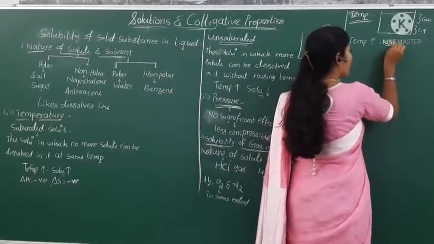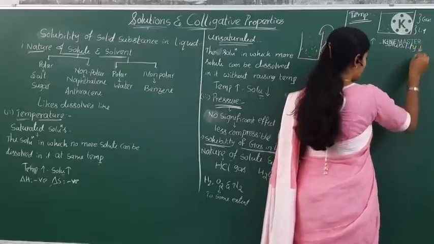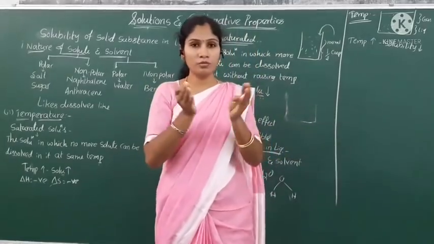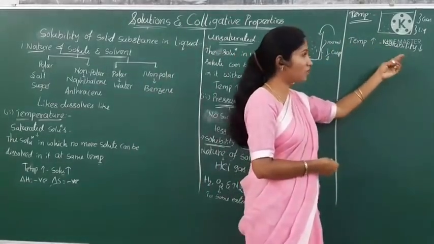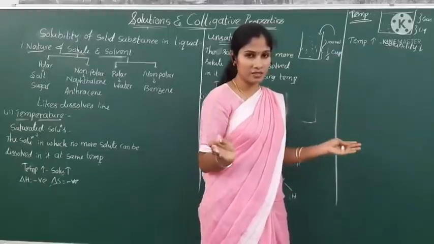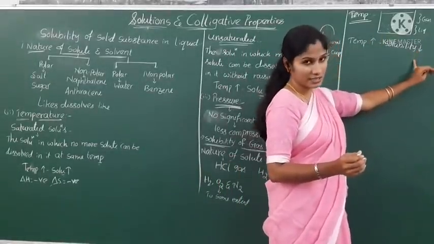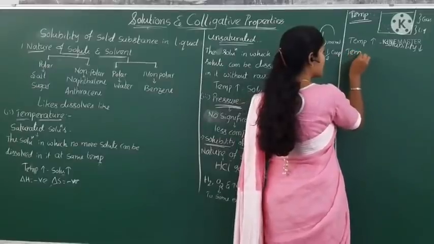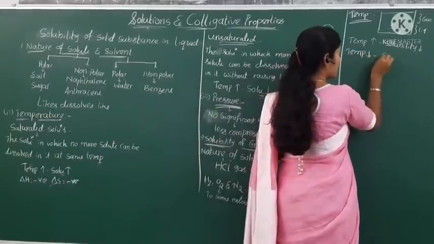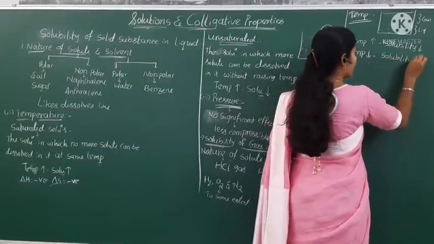If one substance should dissolve in another, they should come close to each other. But whenever you raise the temperature, expansion of substances takes place, so the solubility decreases. Opposite to this, when the temperature decreases, solubility increases.